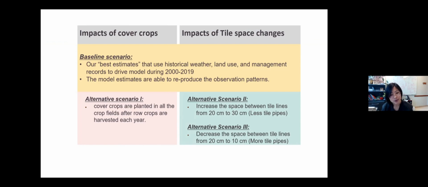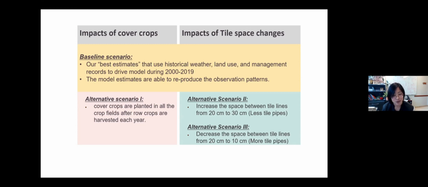For both assessments, we have one common baseline scenario, in which we use all the historical information we have known about weather conditions, land use, and management practices in these four catchments to drive the model during the past 2 decades. And the model estimates have been proven to well reproduce the observation pattern.